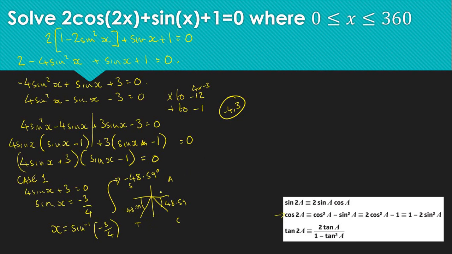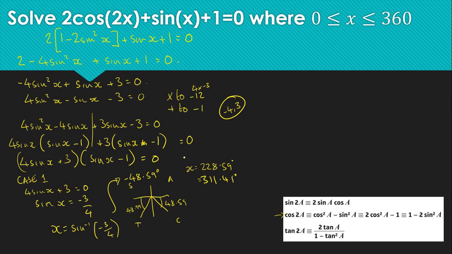So we'll have 0, 90, 180, 180 plus 48.59, which means that x will equal 228.59, as well as x being equal to 360 subtract 48.59. 360 subtract 48.59 is 311.41 degrees. Now that's only one case considered.